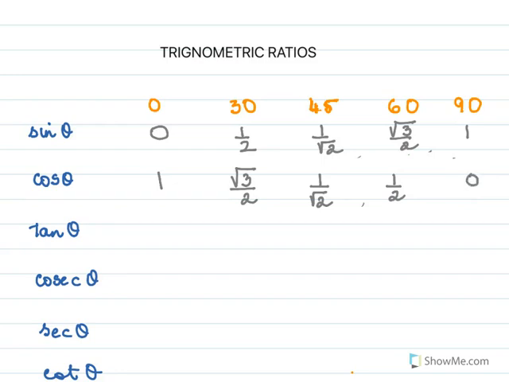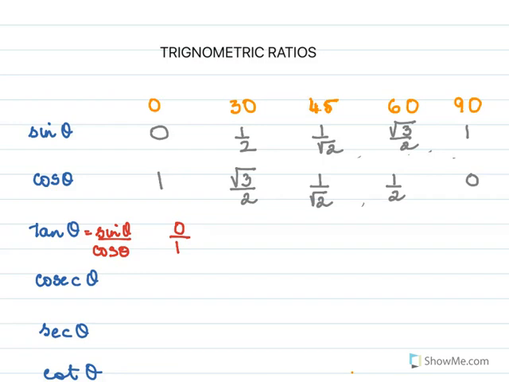Now when you want to find tan, you have to use the formula sine over cos. Tan theta is sine theta over cos theta. So basically you need to divide both these ratios. If I want to find tan 0, it will be 0 over 1, which is equal to 0.